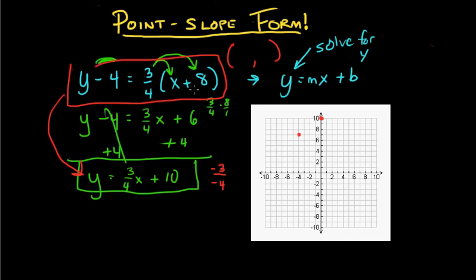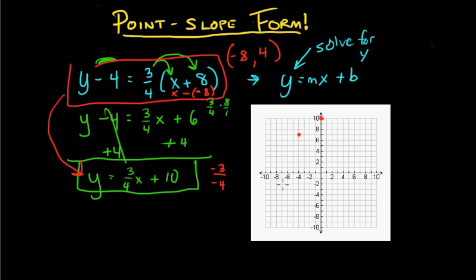So the x value must have been a -8, because it's a plus. If it's a plus, that means they must have plugged in a -8 right there, because a minus a negative is a positive. And the y value, well, that's a 4. y minus 4. So -8, 4 should line up nicely with what we've done here with slope-intercept.